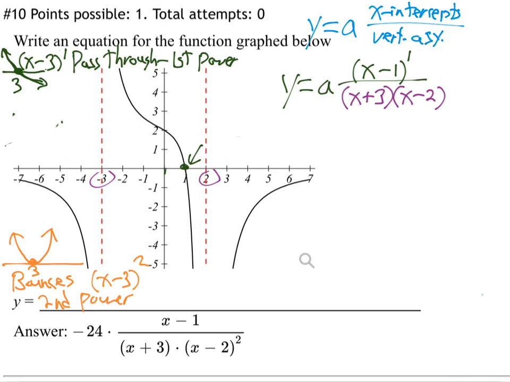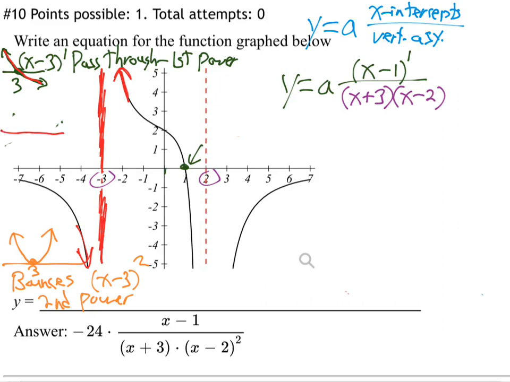Basically, see how this asymptote line here, let's start with this one. One side the graph goes down, the other side it goes up. So for this particular asymptote line right here, one side the graph's going up, the other side it's going down. So it's going different ways on the different sides. That's just like passing through.